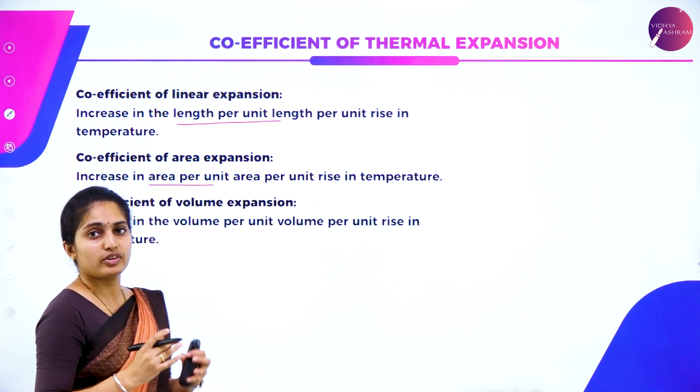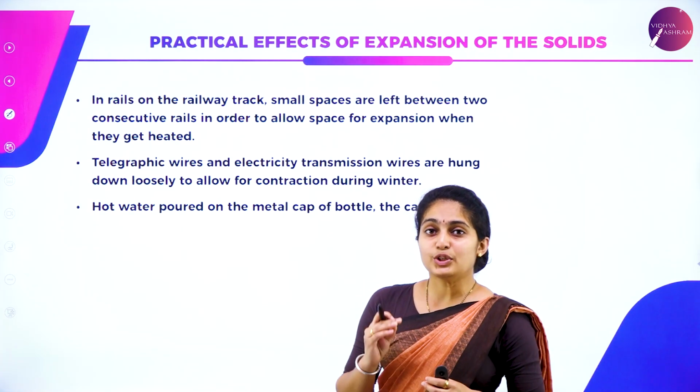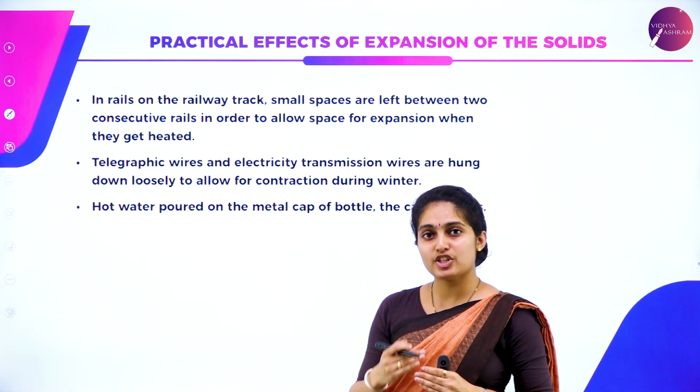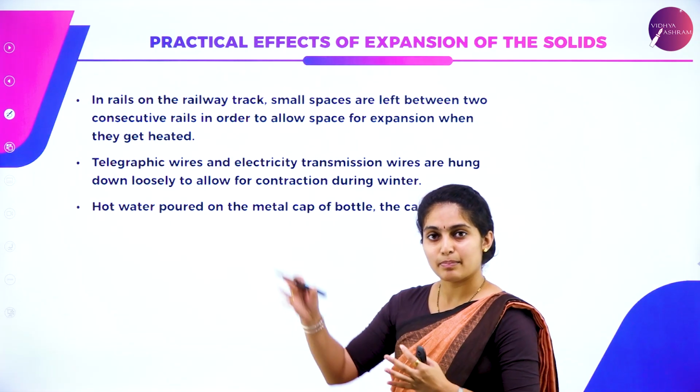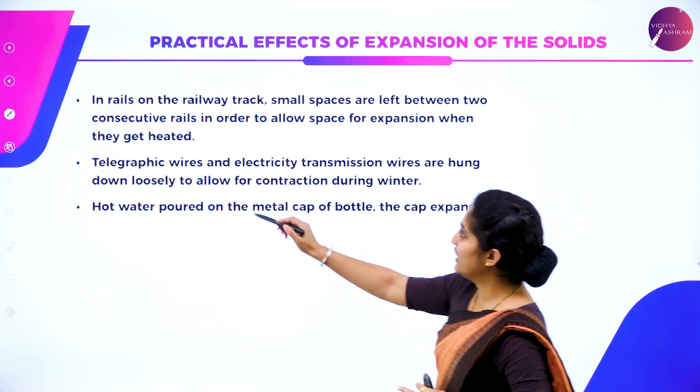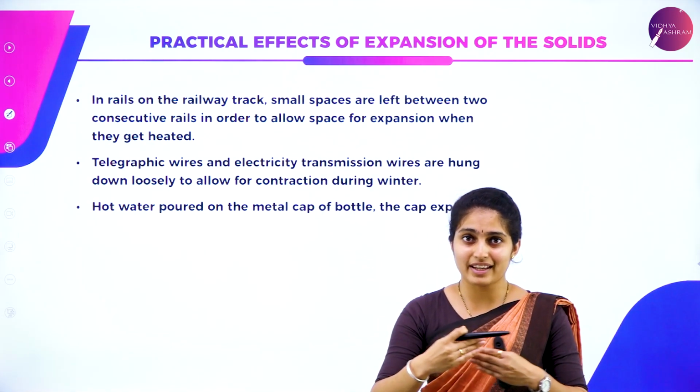So these are all the types of expansion we study with respect to solids. Similarly, you can see this expansion in solids practically when the temperature is increased. Practically, we have the rails on the railway tracks. Small spaces will be left in the railway tracks.